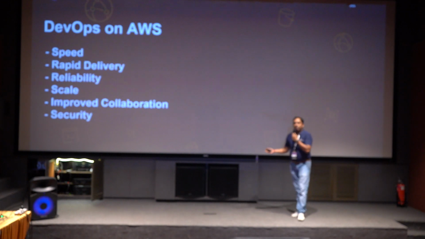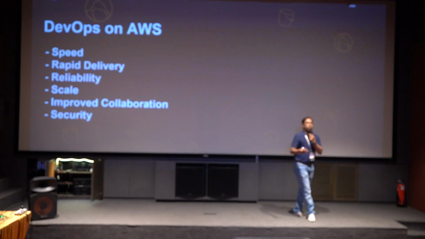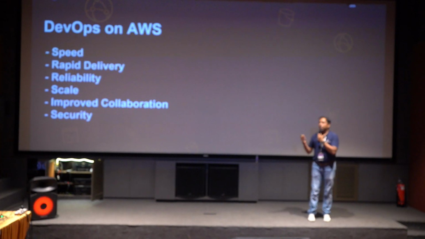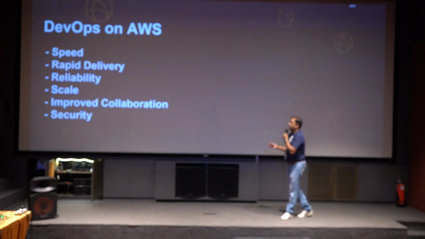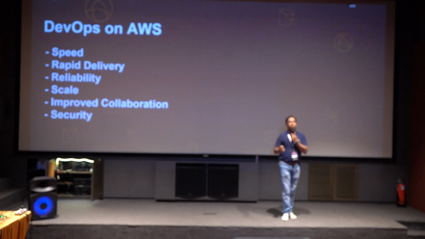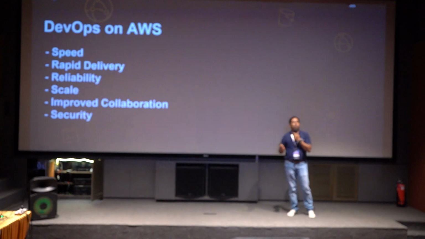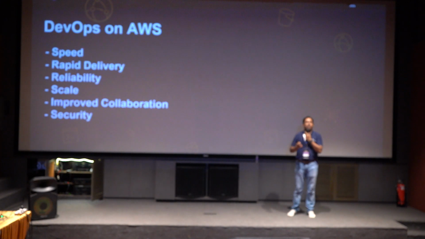You can have rapid delivery, whatever you want to deliver to your customers and clients, at a rapid pace. Then reliability. When you have a system and a process in place, you can rely on it because you have various monitoring and checks in place, and keep on repeating the same process.